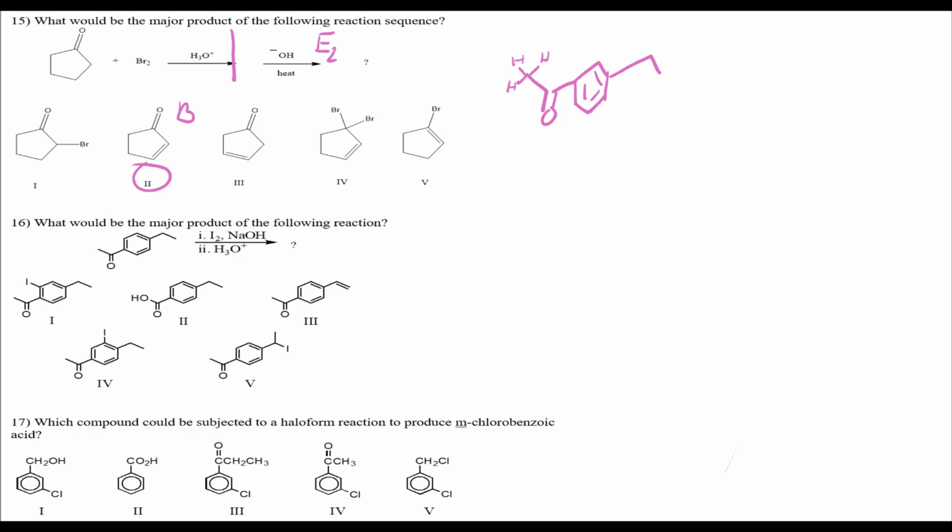So whenever we have a base, we're going to do an acid-base reaction first. All right, so let's say we have sodium and hydroxide. One of these hydrogens is going to come off and be taken by this oxygen. Okay, so now it is like this.